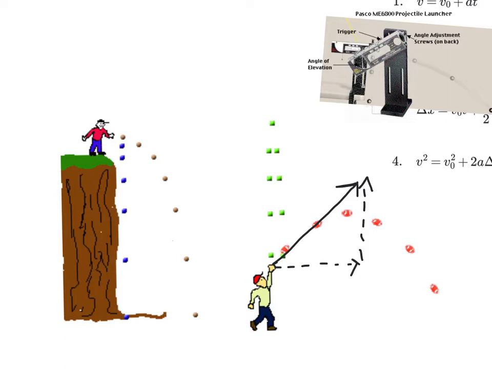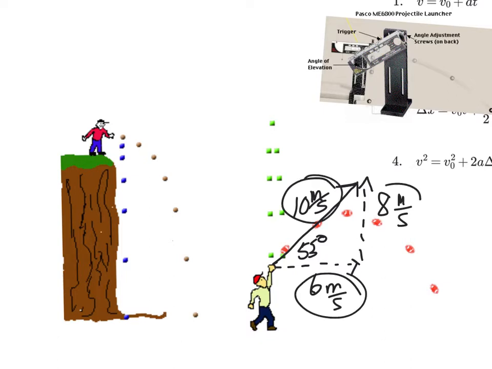If this is 10 meters per second at 53 degrees, then the components will be 6 meters per second in the horizontal direction and 8 meters per second in the vertical direction. Other than using this number to find the components, you will never use it in the equations. You have to deal with the x and y parts of the motion separately.